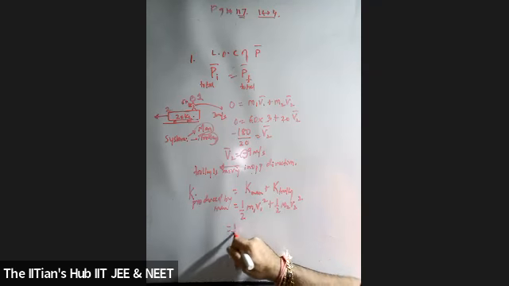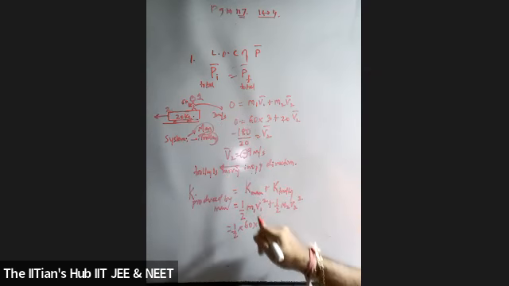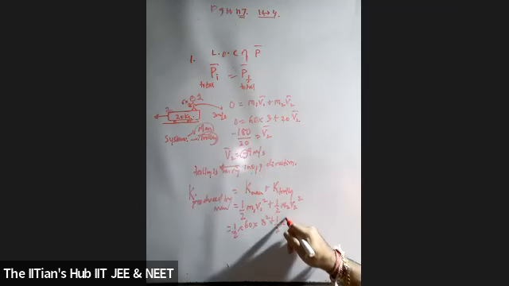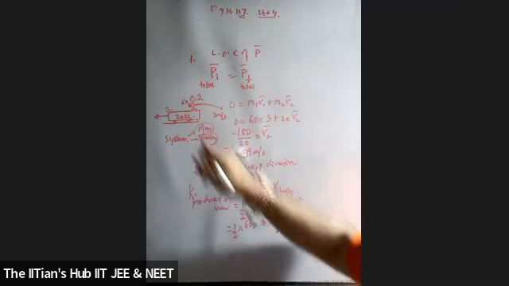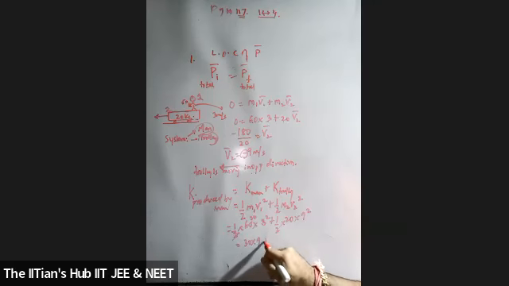So half into how much is the mass of the first body given to you as? So this is 60. Square कितना होगा sir? It's 3 square plus half into what is the mass of the trolley given to you as 20. What is V square for this? Sir, it's 9 square. So 30 into 9 plus 10 into 81.